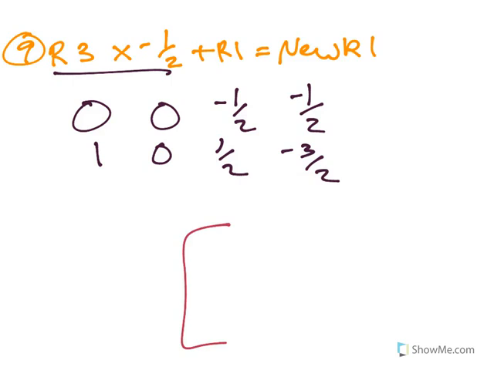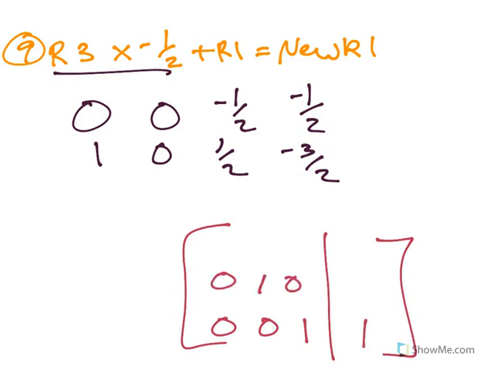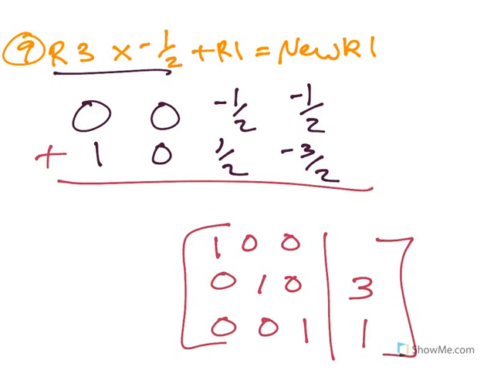So when I write my matrix, I have 0, 0, 1, 1, then I have 0, 1, 0, 3. Add these together to get my new row 1. 1, 0, 0. When I add negative 1 half and negative 3 halves, I get negative 4 halves, which is negative 2.